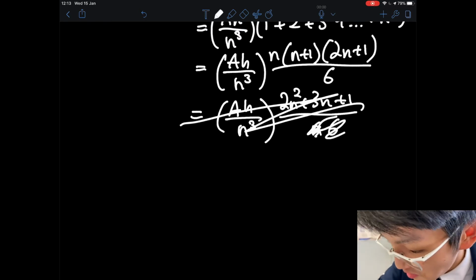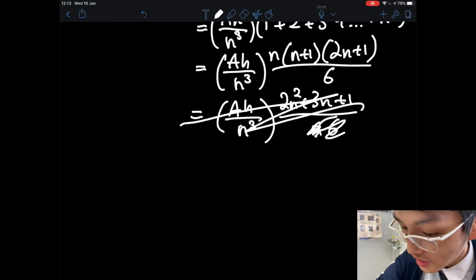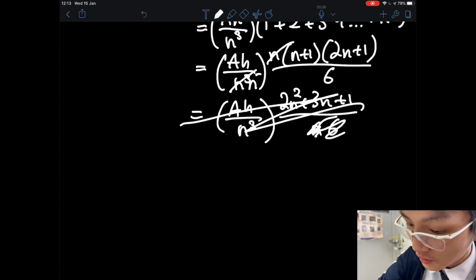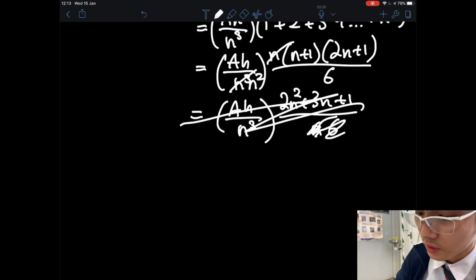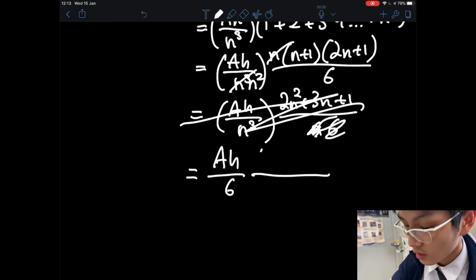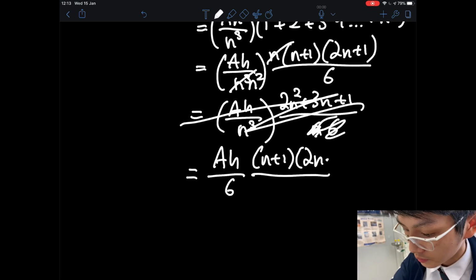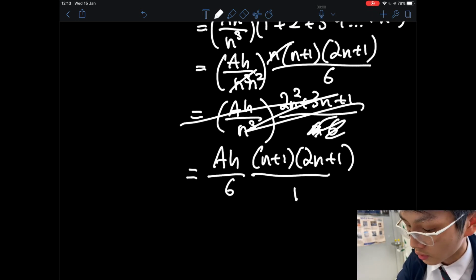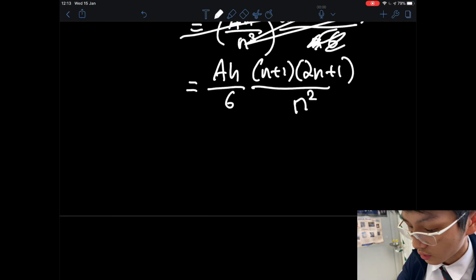Wait, let's rewind a bit. If we cancel out this term and this term, we will get n squared. And then if we swap the 6 over to the next fraction, we'll get A h over 6 and n times (n plus 1) times (2n plus 1) over n squared.